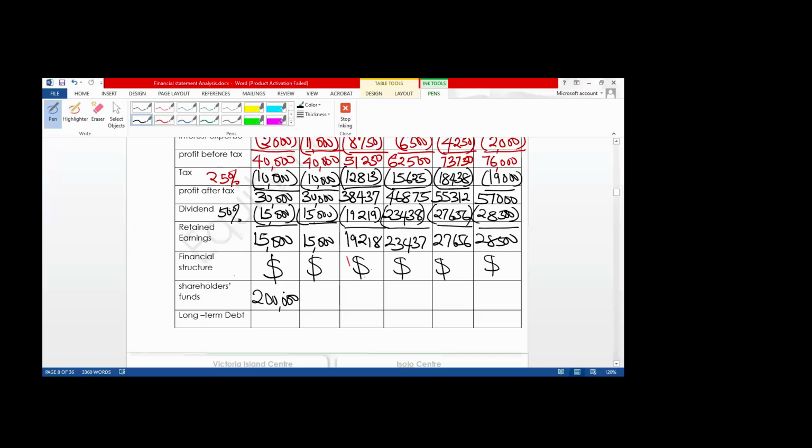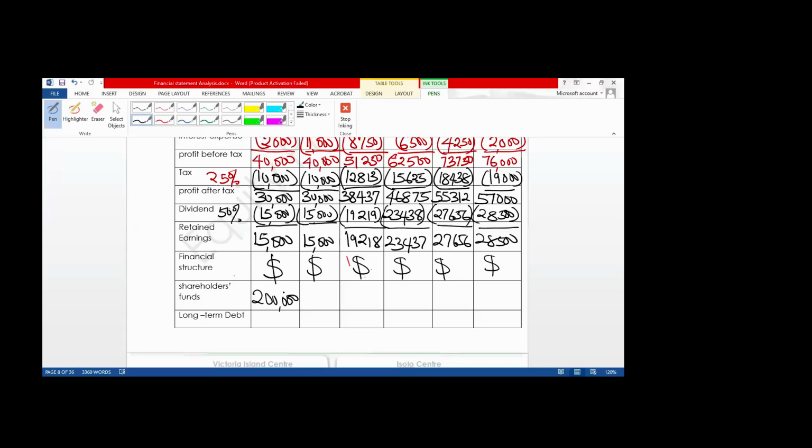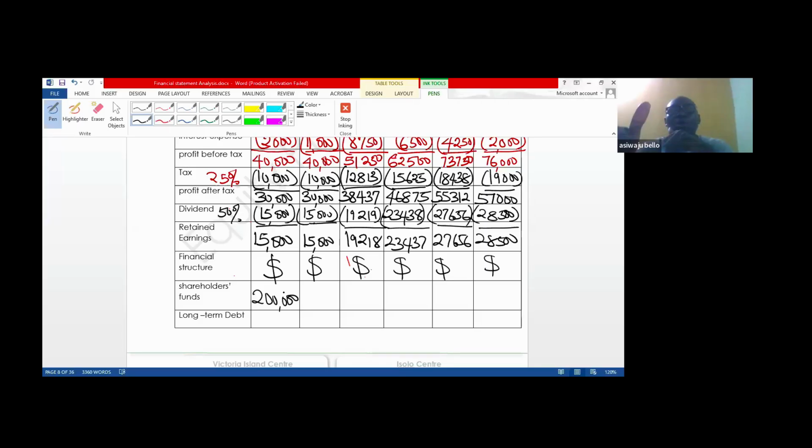Now let me ask, what is shareholders' funds? What constitutes shareholders' funds? That is ordinary share plus reserve or retained earnings.